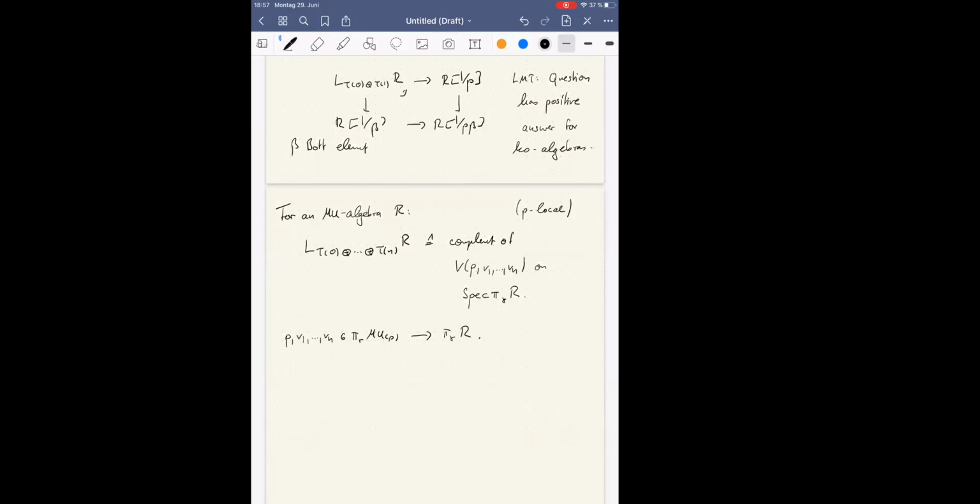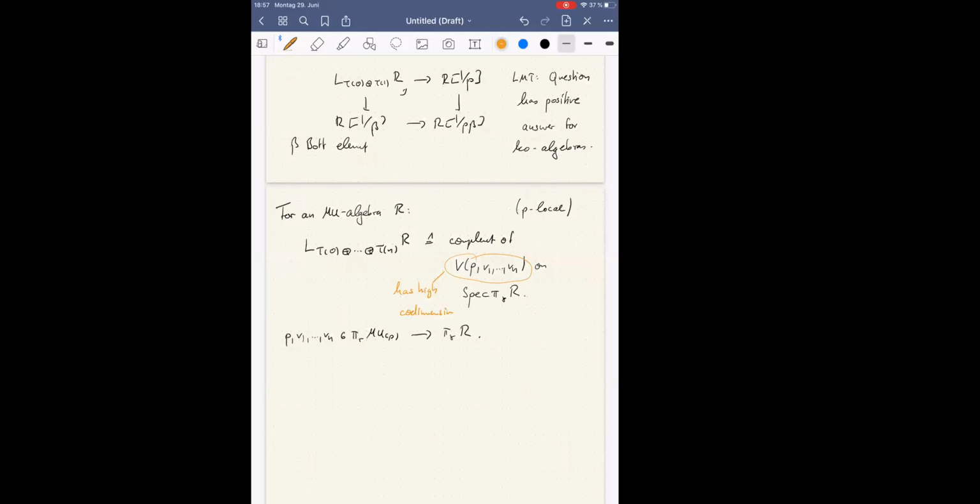So what I want to say now is that this thing has a high codimension. So at least if we are in a nice case where this is a regular sequence, the codimension would be n+1.